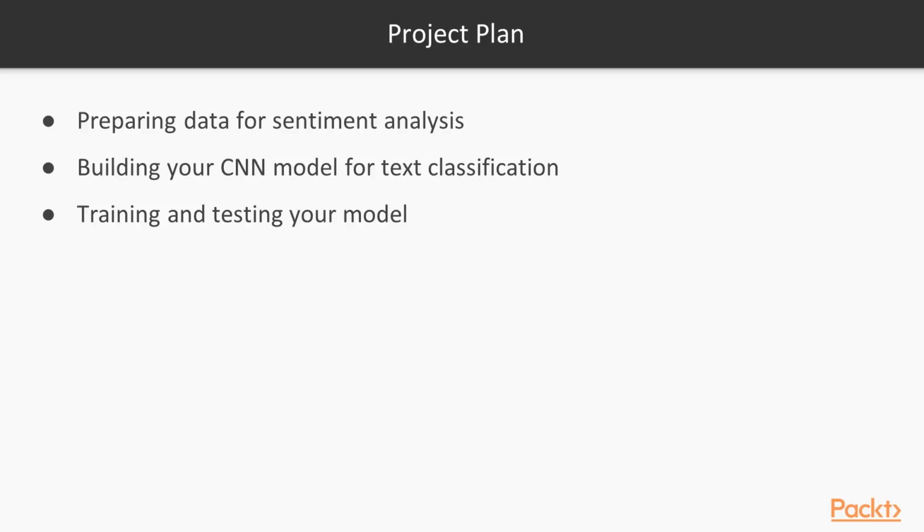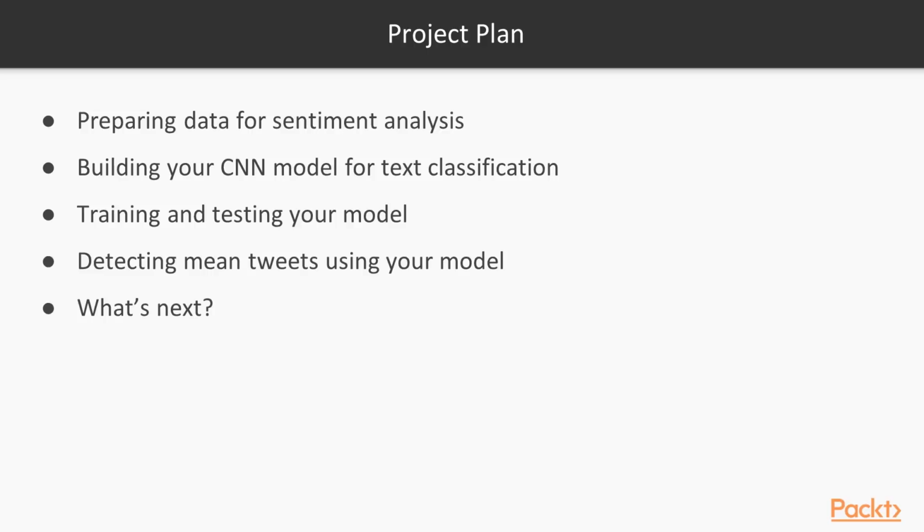And here you'll learn which metrics are important, what you should look for when training and testing your model to get the best model you can get. And the last step is to actually use this model to detect those tweets, and then we'll explore what we can do even more to improve the performance of our model.